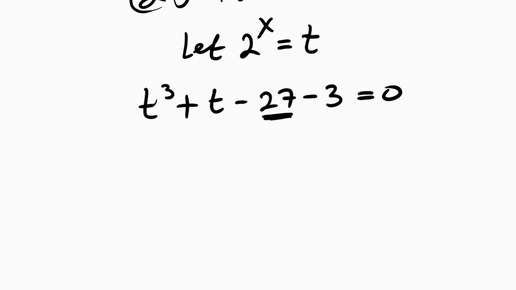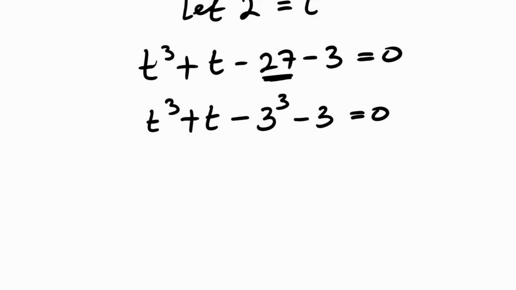27 is the same thing as 3 cubed. So we have t^3 plus t minus 3 raised to the power 3 minus 3 equals 0. So let us collect the powers together. Now we have t^3 minus 3 raised to the power 3 plus t minus 3 equals 0.